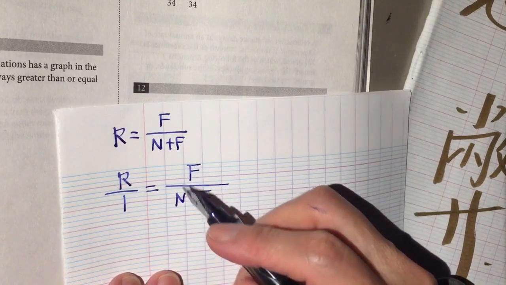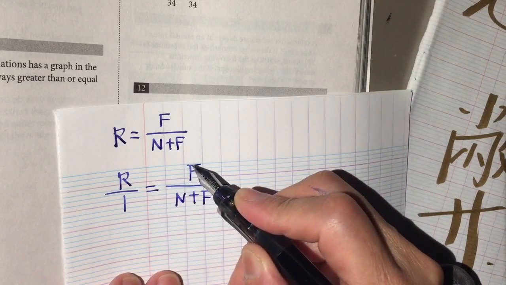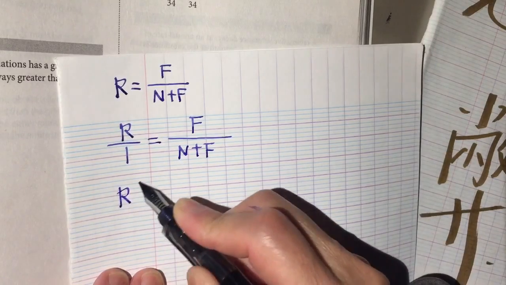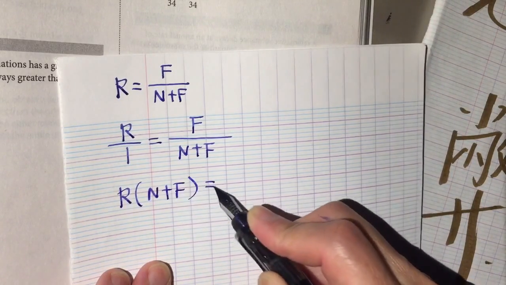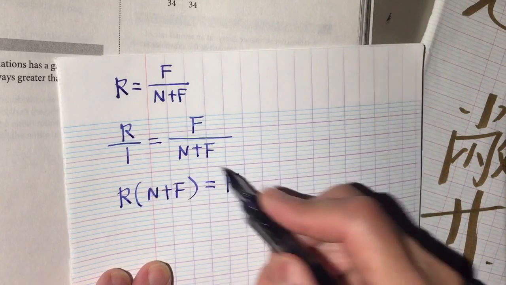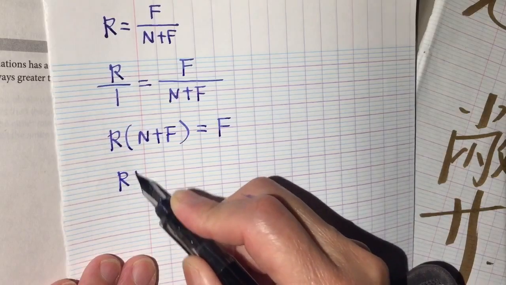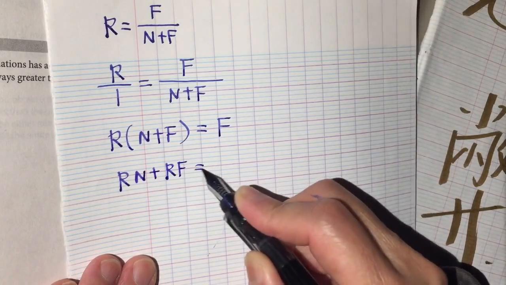But we know that we can crisscross multiply, the answer is the same. So R times N plus F equal F times 1, which is also F. So RN plus RF equal F.